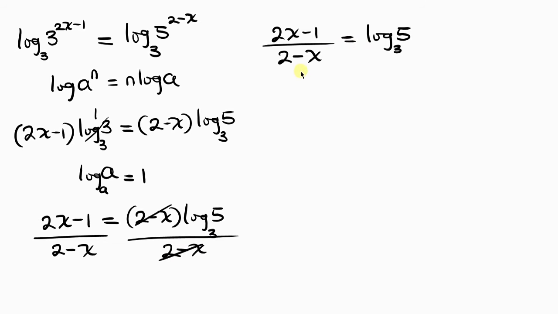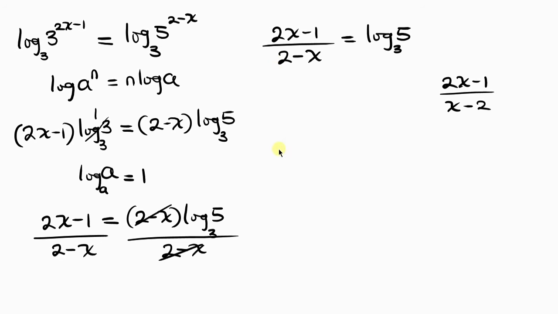But the question requires us to find 2x minus 1 all over x minus 2. This is actually different from this. So how can we make this resemble this? Well, we can do that by multiplying the numerator and denominator of the left-hand side by negative 1.